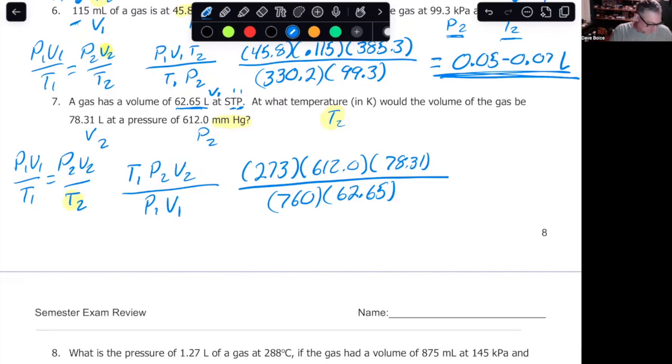Close the parentheses, done. Let's see, same answer twice. I'm probably right. And so your answer is going to be in the range of 273 to 275 Kelvin. So go ahead and do that math and get me that correct answer to 2 decimal places and you're good.